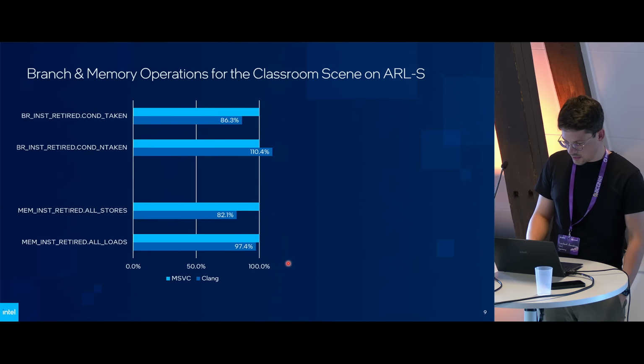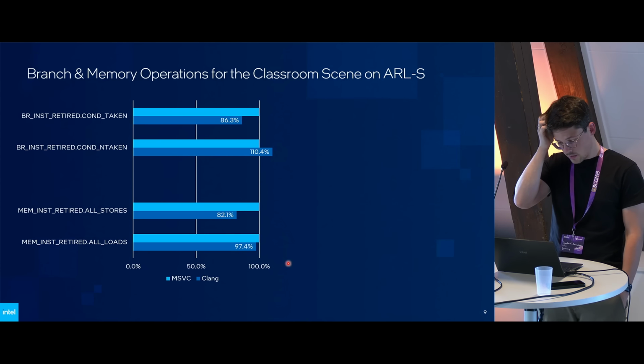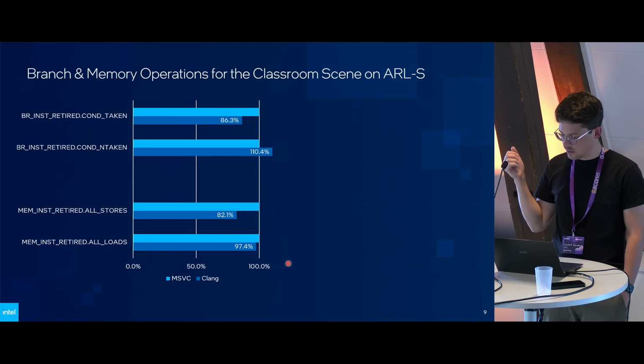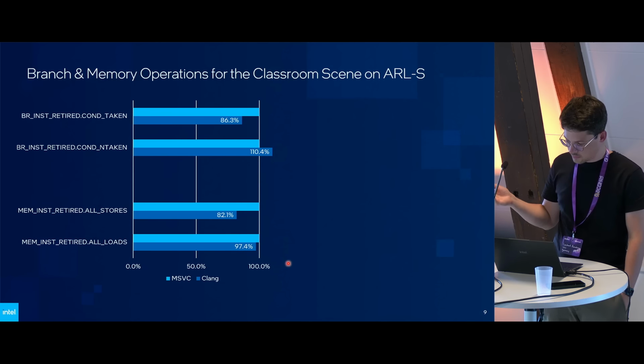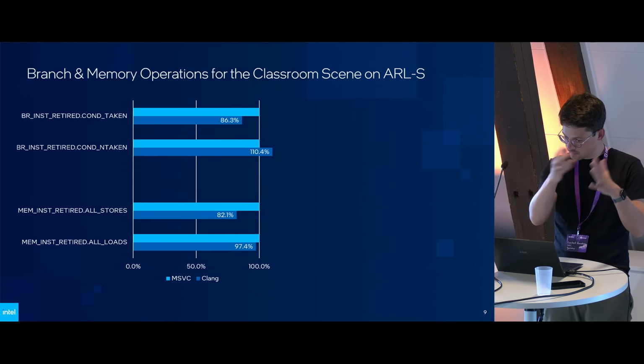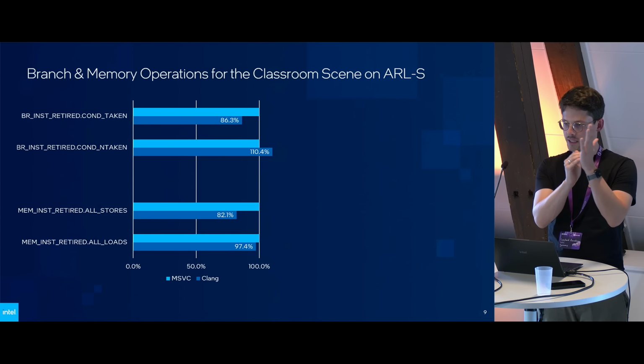The next groups look at conditional branch instructions. So this is what you would get, for example, from an if-else statement. These are the top two here. A conditional branch can be taken, which means we jump in the code, or it can be not taken, which means we just execute the next instruction.